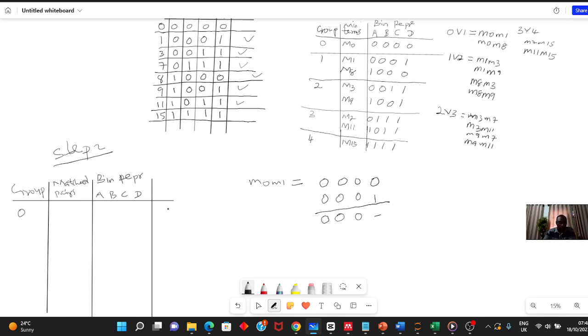So our first match pair in the group of zeros is M0, M1, with 0, 0, 0, and a dash. This forms our first match pair in the group of zeros.